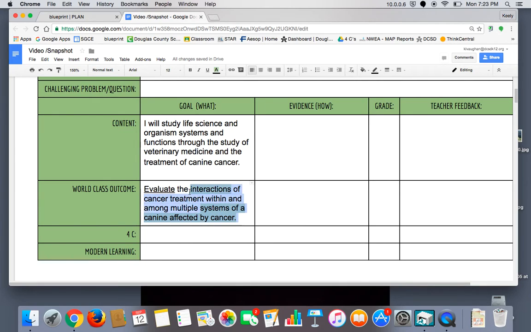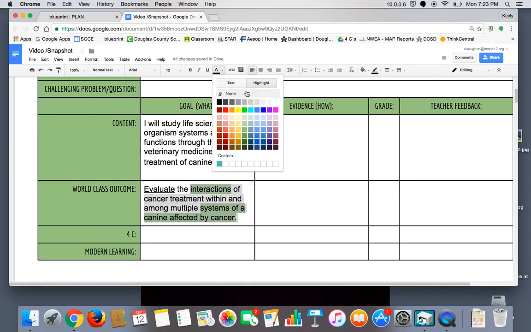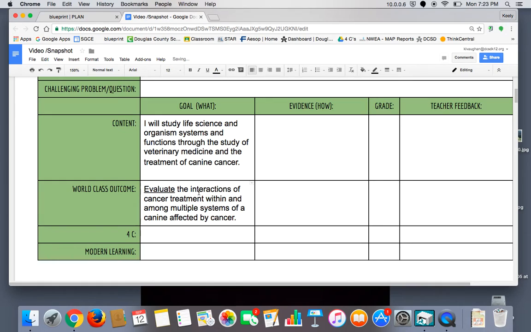And I'm going to unhighlight those because I filled in my part of the content. I filled in the part that is interesting to me. So I've got cancer treatment and I've got canine affected by cancer. So I can see the connection to my content, but I haven't gotten rid of anything in my world-class outcome. I know that I'm still working towards a higher level.